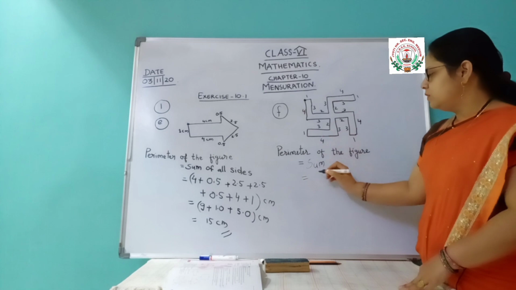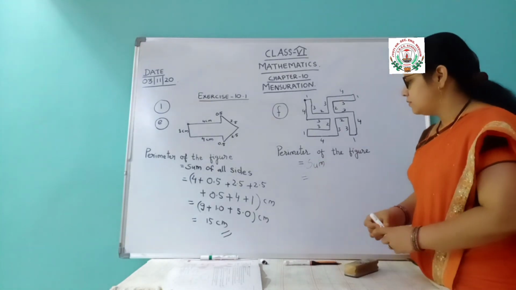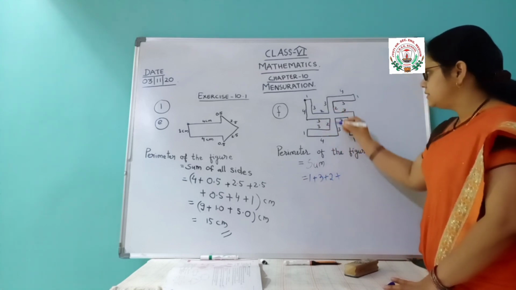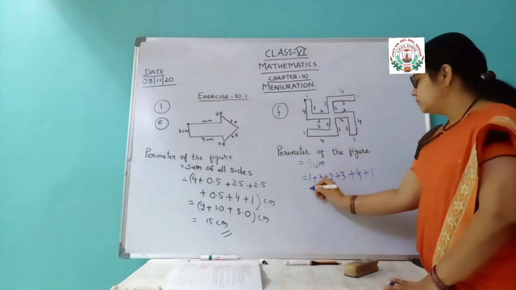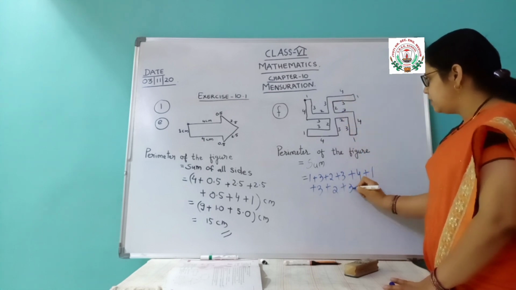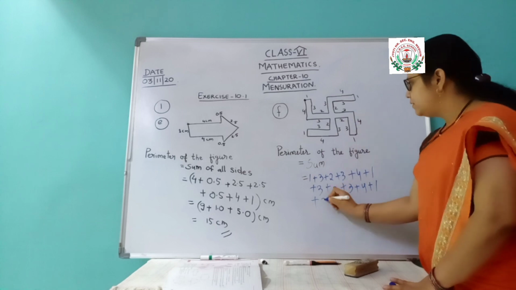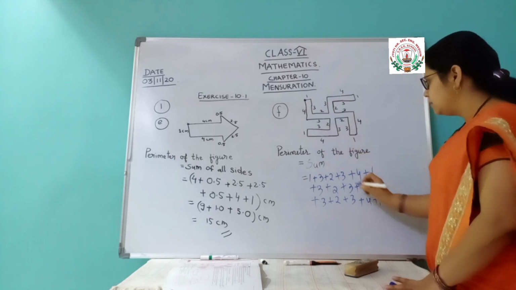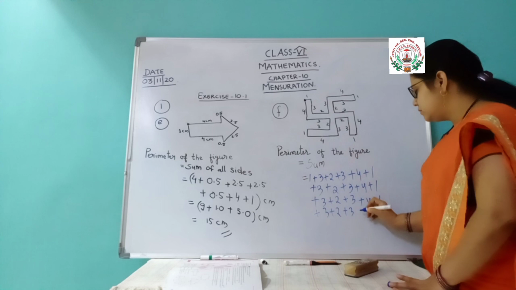So this way we are moving. So 1 plus next is 3, plus next is this one 2, next is 3, then this one 4, then next is 1, then next 3, then this one 2, then this one, that is 3 plus this one 4, then this way 1, then this way 3, then 2, then 3, up to here we reach, then 4, then 1, then again 3 plus 2 plus 3, then again this 4.